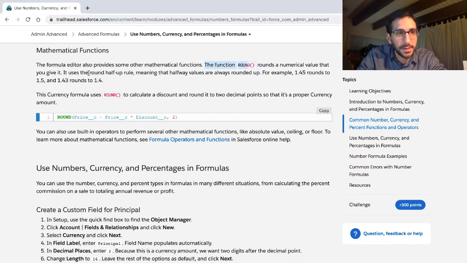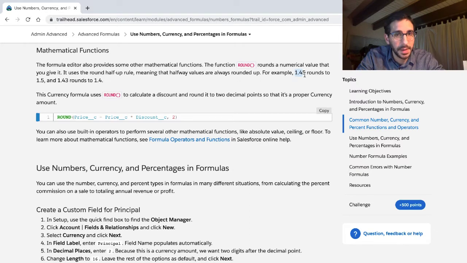It uses the round half up rule. So this was a little confusing to me because I would think that instead of going from 1.45, it would go back down. And so apparently it follows the decimal. So at least it goes to the first decimal, not to the next whole number.